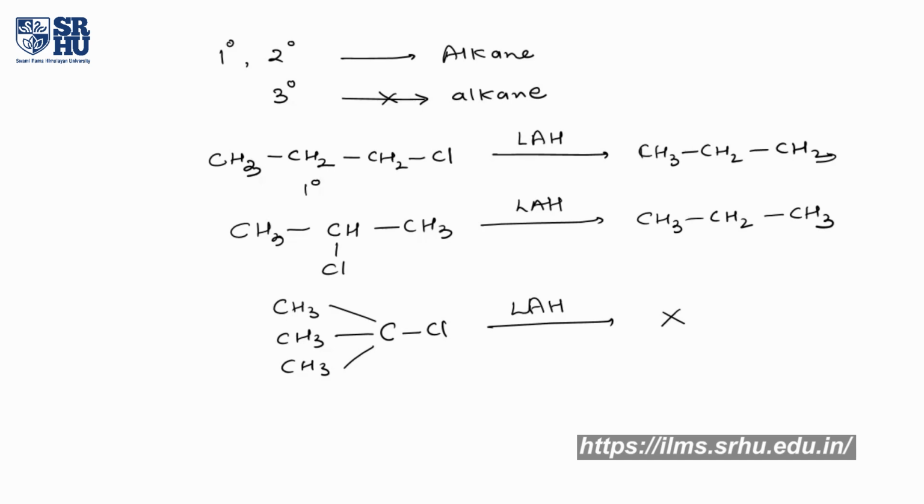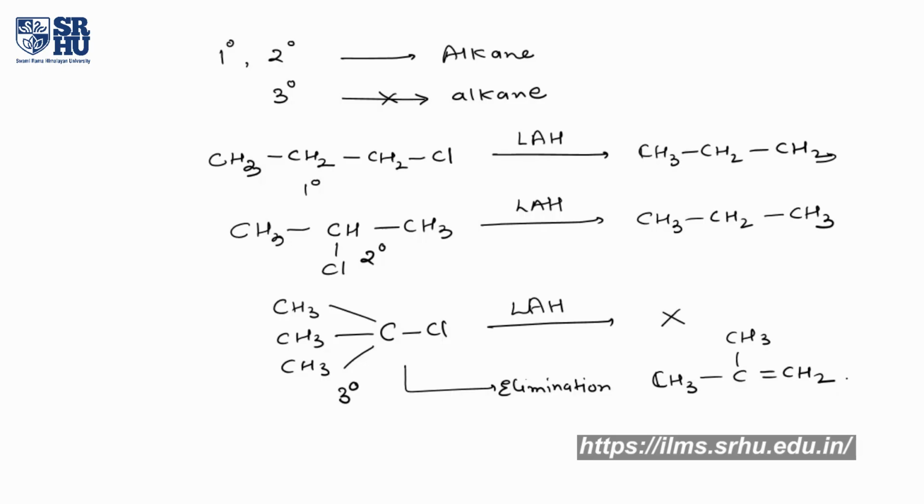Rather, it goes through elimination and forms alkene. So this is a problem with lithium aluminium hydride. It will better form an alkene rather than an alkane with a 3 degree alkyl halide. So lithium aluminium hydride easily converts 1 degree and 2 degree to alkane, but it does not convert this into alkane.